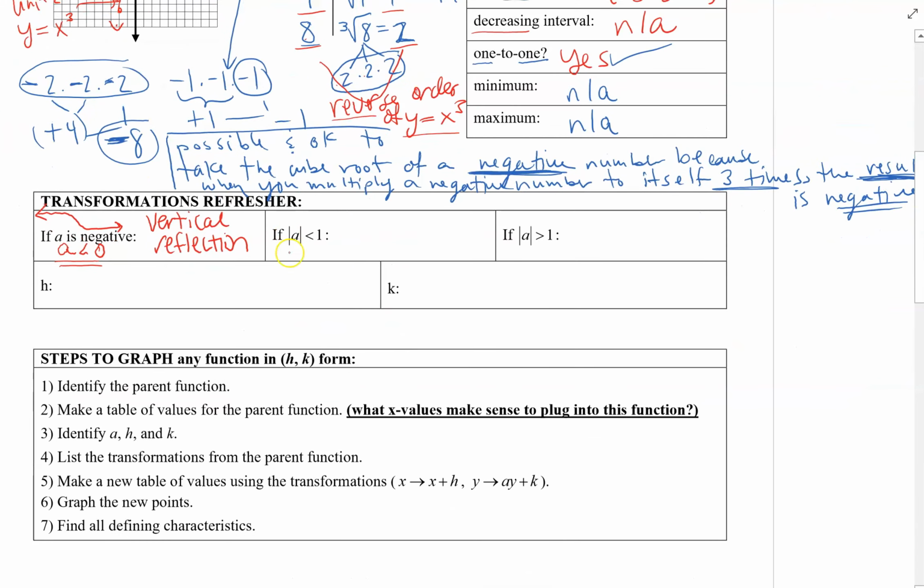Now, if the absolute value of a is less than 1, which by the way means that a would be in between -1 and 1, so that if I absolute valued it, it would be some positive number less than 1, that'll create a vertical compression, or we could call that a shrink.